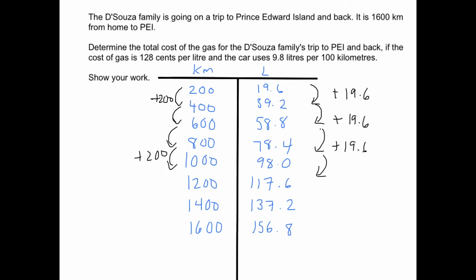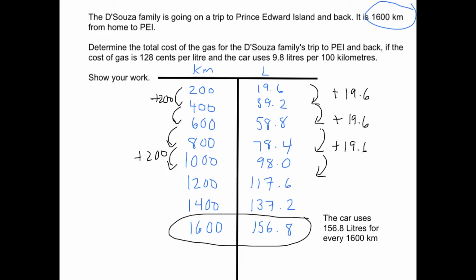Well, what information do we need to answer this question? Since we know that they travel 1,600 kilometers one way, we can look at our table to see how many liters of gas they use for 1,600 kilometers. We can see that the car uses 156.8 liters for every 1,600 kilometers. But how far does the family travel altogether?